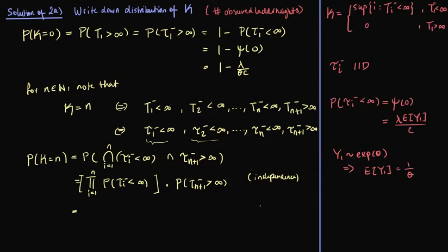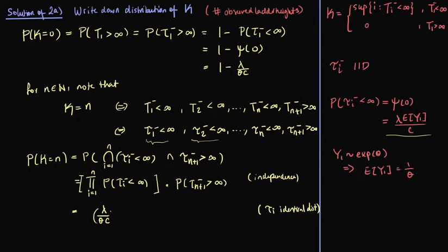Now we know that the tau i are also identically distributed, and this therefore boils down to the product of this probability n times, and this probability was given over here. That is lambda multiplied by 1 over theta multiplied by 1 over c.